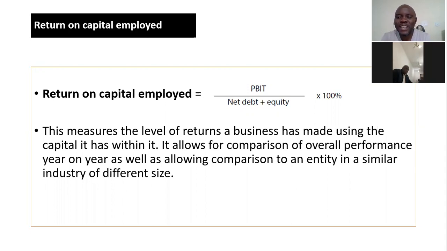Is that 10 ngwee better than what we generated last time? Better than our target? Better than the industry norm? Better than if we had invested in treasury bills? This is how you should analyze it for you to get easy marks.